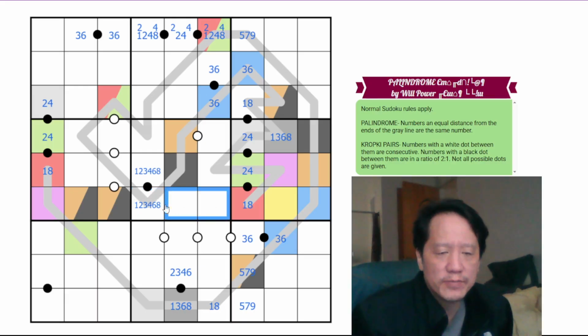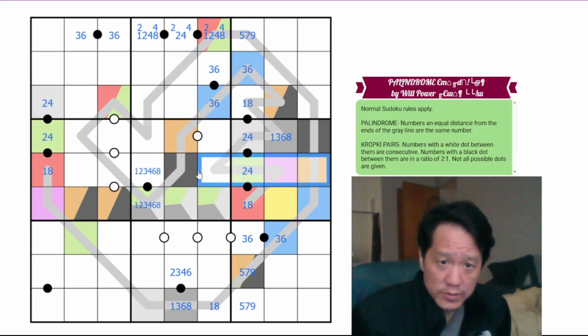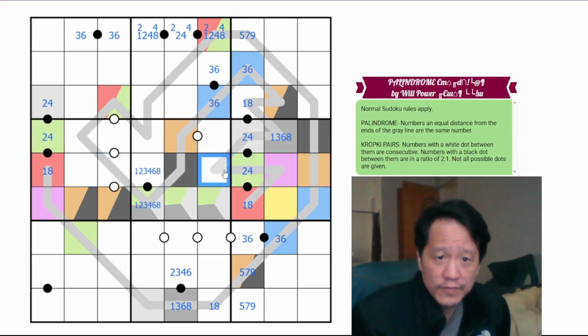Okay, so these colors cannot be red, yellow, blue, orange, dark, or pink. So this must be light, medium, and green. So this is light, medium, green.